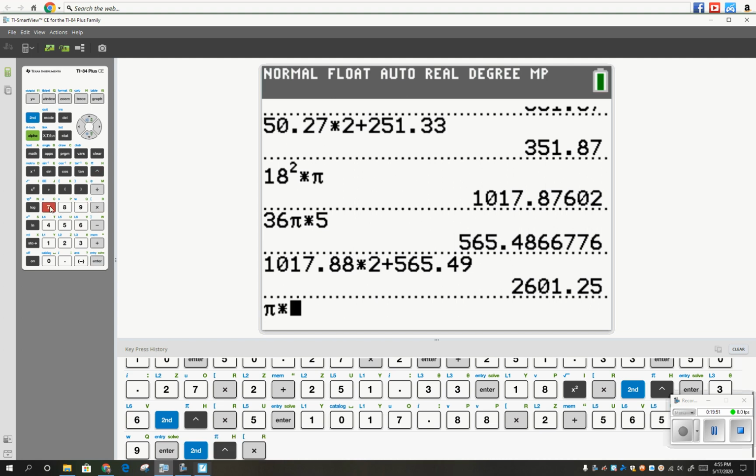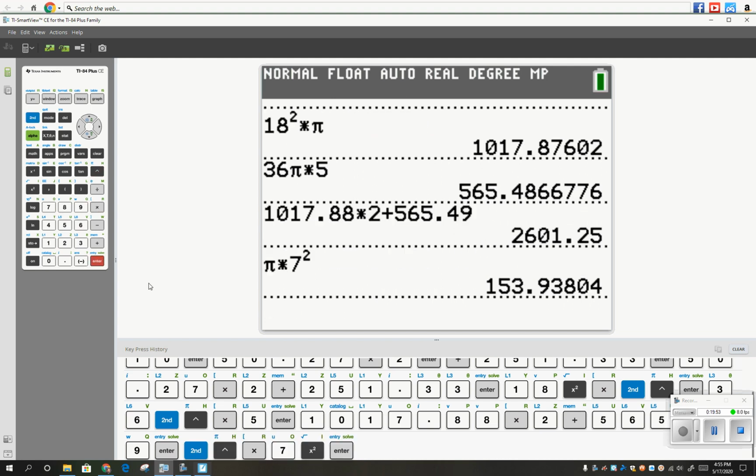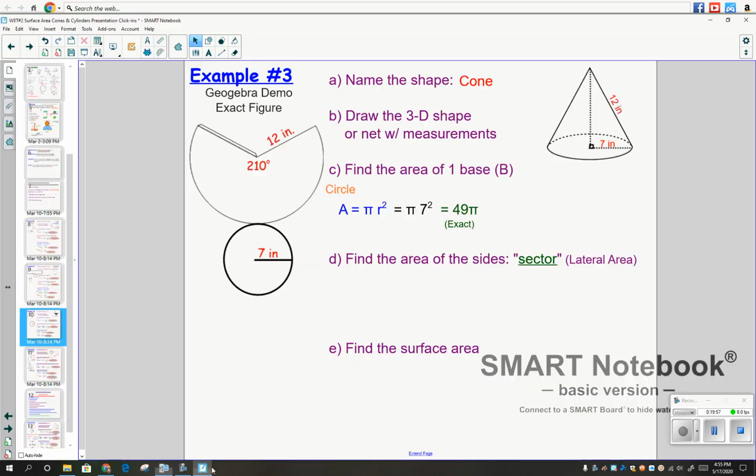So I will do pi times 7 squared, and I end up with 153.938, which rounds to 153.94 square inches. So that's the base, the circle. Now I want to find the sides. The sides, here's the sector.